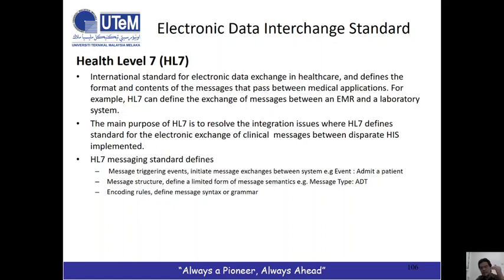When we send an ADT message, there are many segments in the message. And the encoding rule refers to the syntax or grammar of how the message or segment is designed.